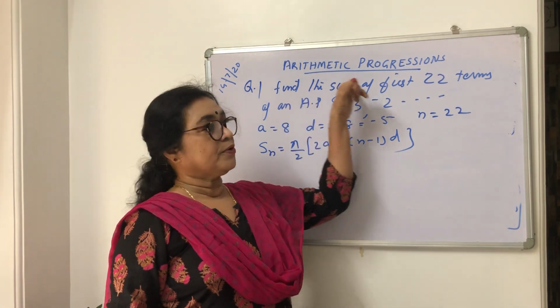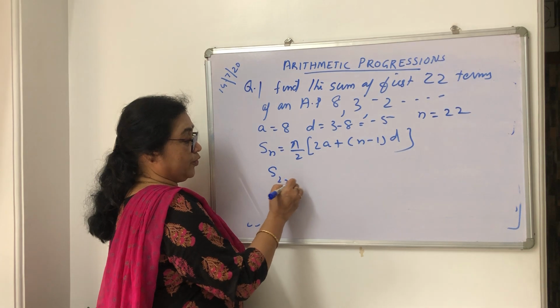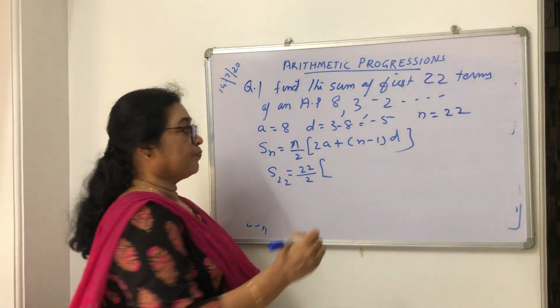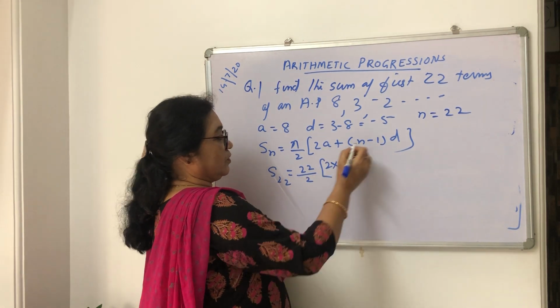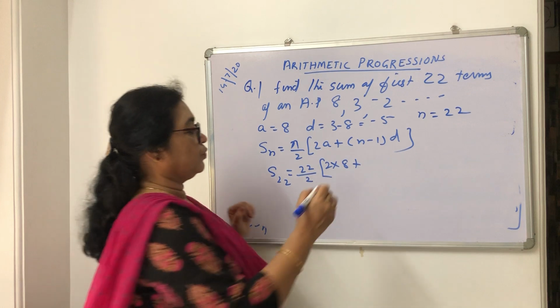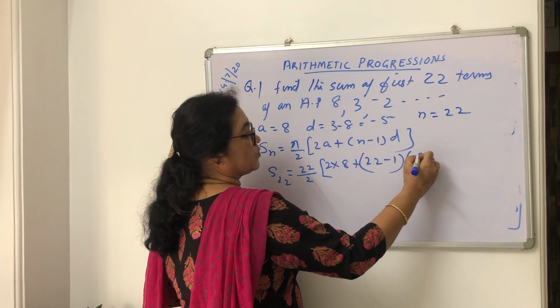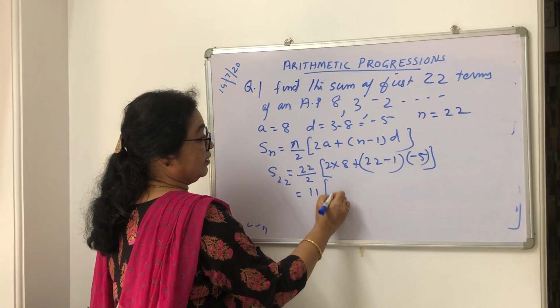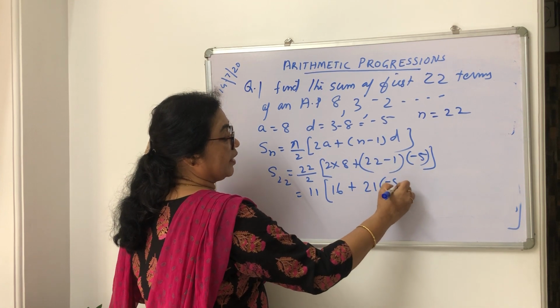So S22 equals 22 by 2 into 2 into 8 plus 22 minus 1 into d, which is minus 5. That is 11 into 16 plus 21 into minus 5.